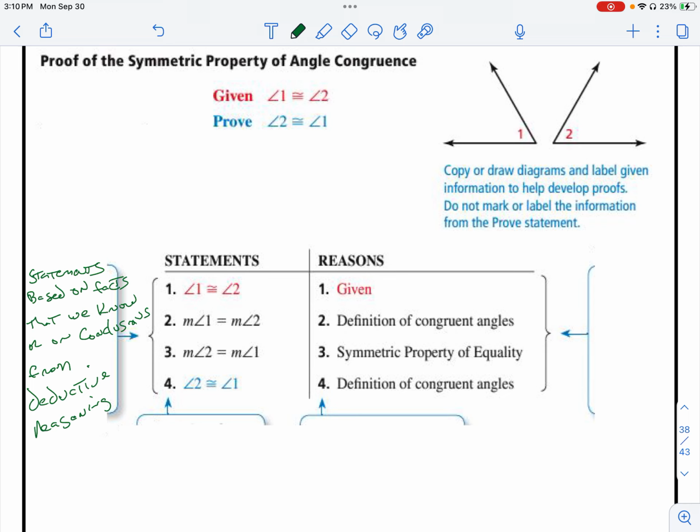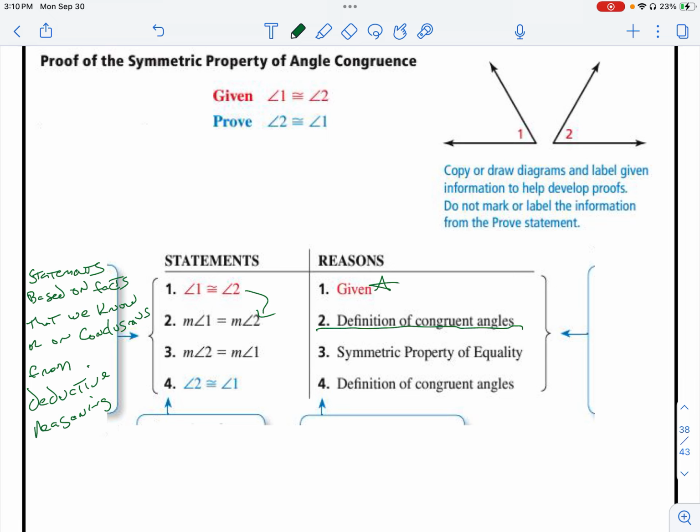So, facts. Statement 1 is given. Statement 2, if angle 1 is congruent to angle 2, then the measure of angle 1 is equal to the measure of angle 2. Definition of congruent angles. That's our conclusion.